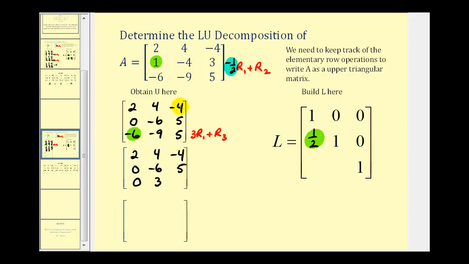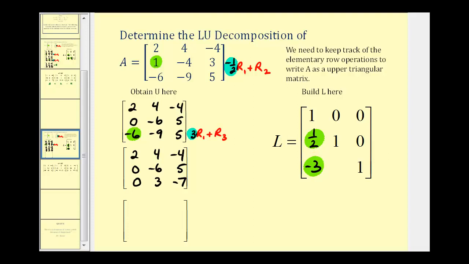And 3 times negative 4, negative 12 plus 5 is negative 7. Our multiplier is positive 3, which helped us to obtain a 0 in row 3, column 1. So this position here in the lower triangular matrix will be the opposite of positive 3, or negative 3.